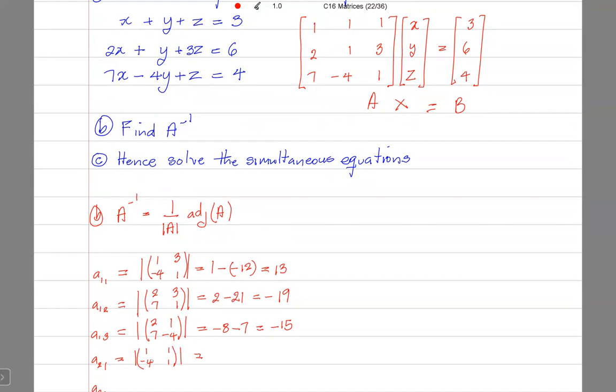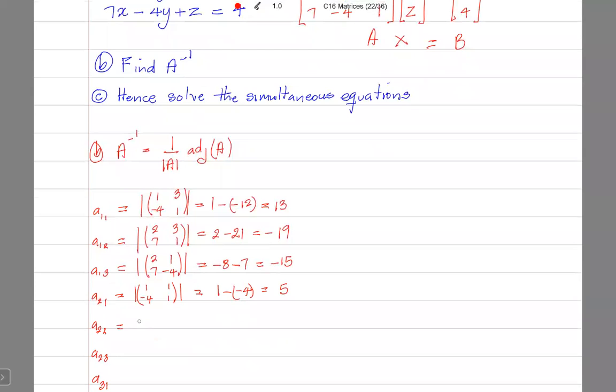Here the determinant would be 1 minus 4, which would be 5. Second row, second element: block off the middle column and the middle row, and it's the determinant of 1, 7, 1, 1.